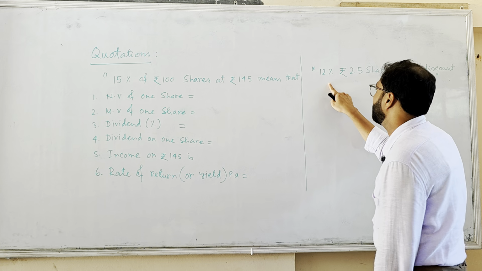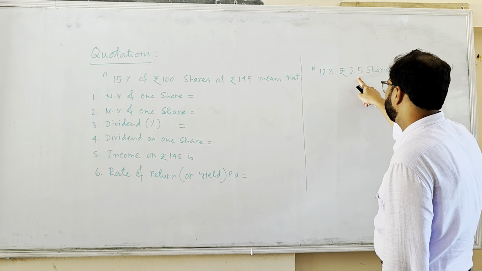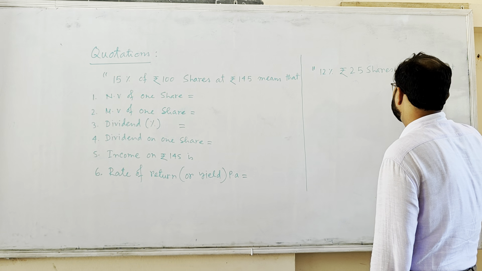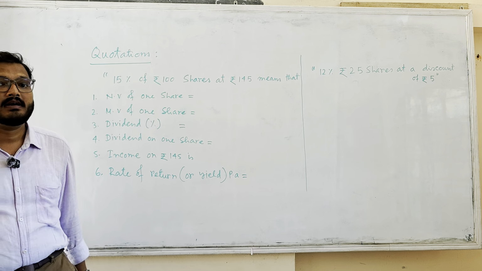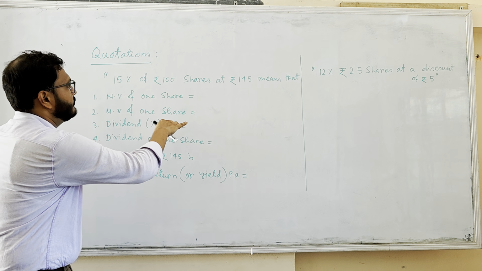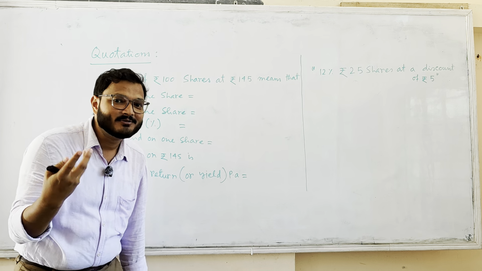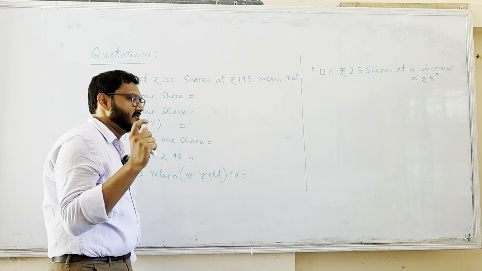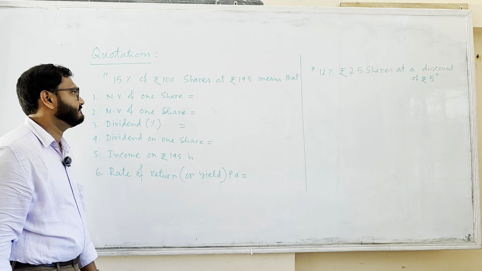And here is another quotation, 12% rupees 25 shares at a discount of rupees 5. These quotations are important to understand, otherwise we won't know what is written. So first we'll understand all these things which are given here.